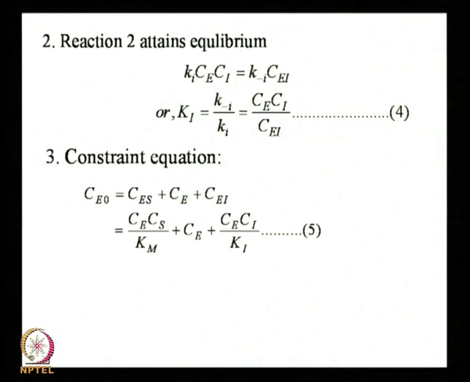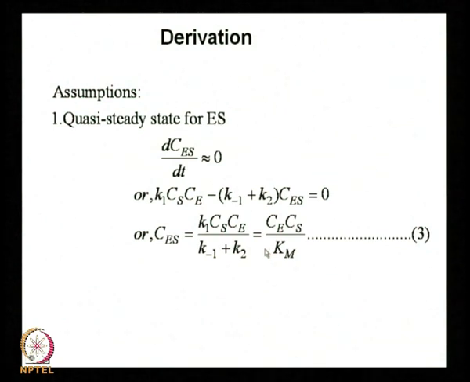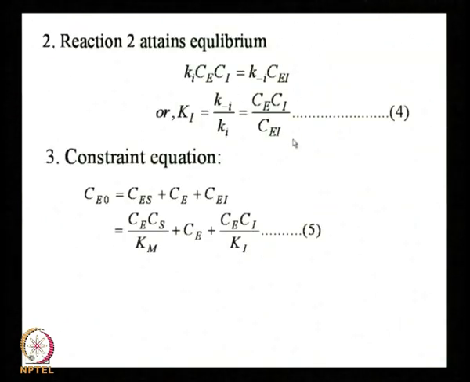And because these are isothermal reactions also, CES equals CE times CS over Km, from the quasi steady state assumption I just showed before, and this one is equation 4 given on top, and CE as it is. So what we have been able to achieve is to eliminate both the complexes out of the system and express everything in terms of CE, CS and CI.